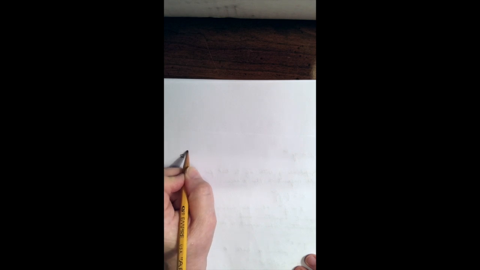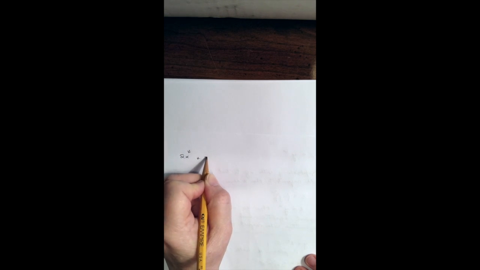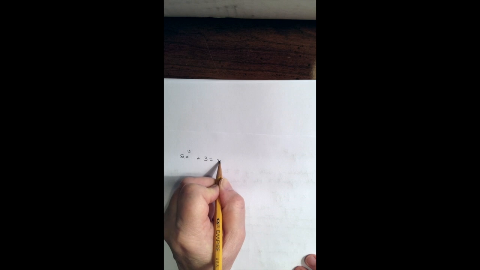Okay. Now let's take an equation that we haven't looked at yet. Let's look at 2x to the fourth plus 3 equals y squared.